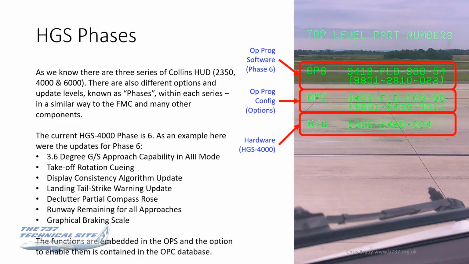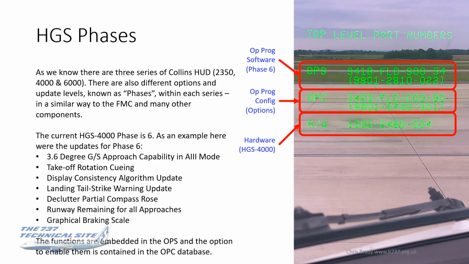Quick word about compatibility. This is probably for the tech captains and fleet managers out there. This is stuff you need to be aware of. As we've already seen, there are three different types of Collins HUDs. Let's forget Marconi for a minute because they're just out there. But for the Collins, you've got the 2350, the 4000, and the 6000.